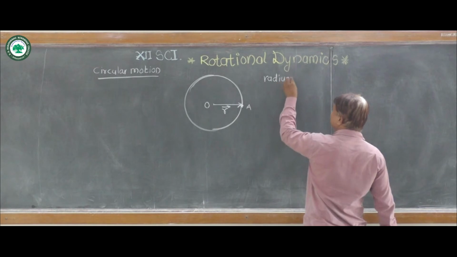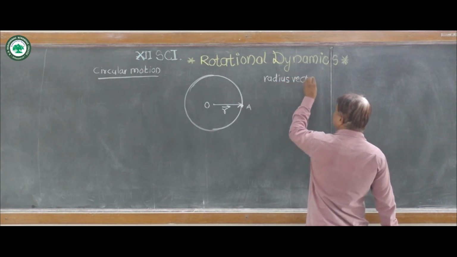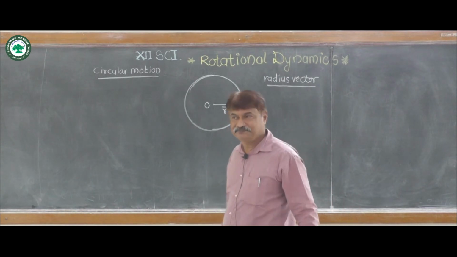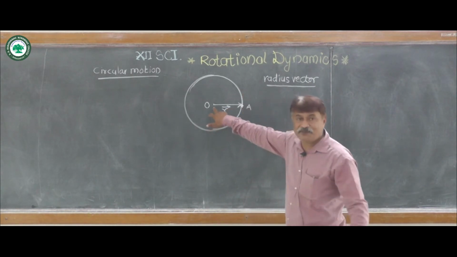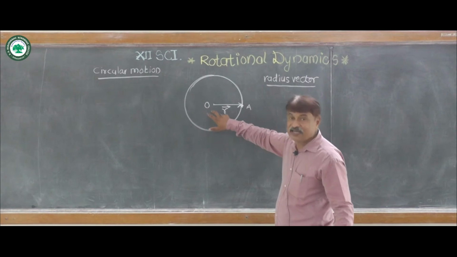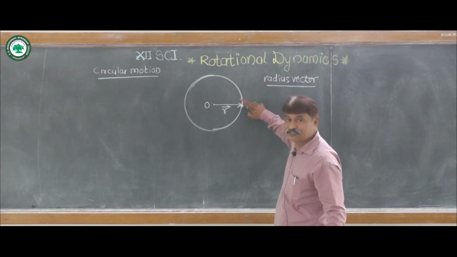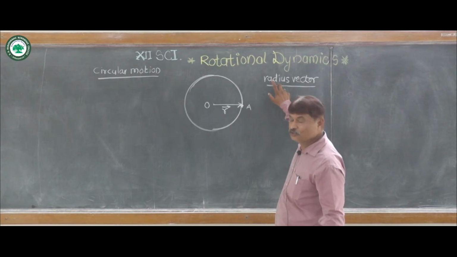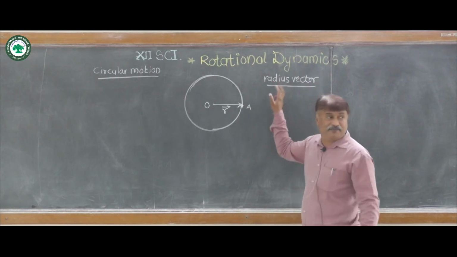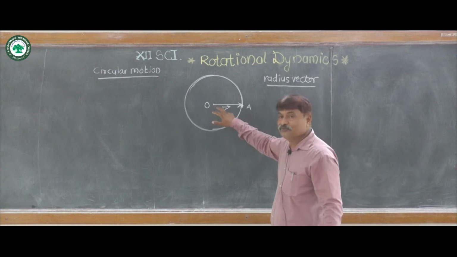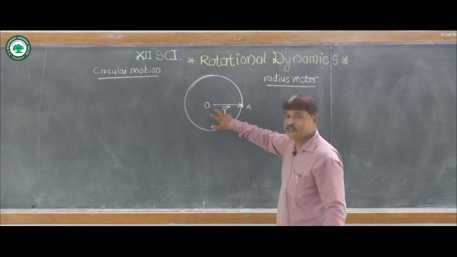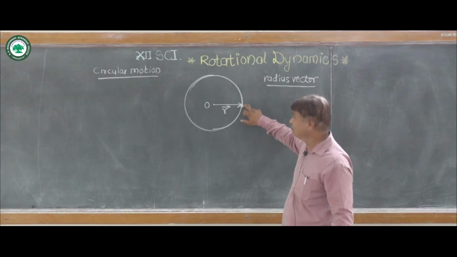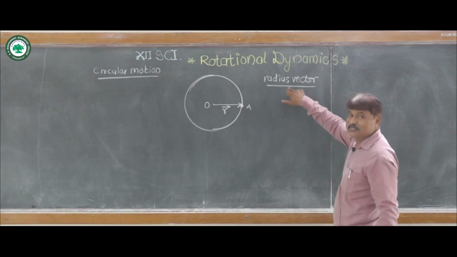This vector starts from the center of the circle and ends on the circumference, therefore it is called a radius vector. So the radius vector can be defined as the vector drawn from the center of the circle to the circumference of the circle.